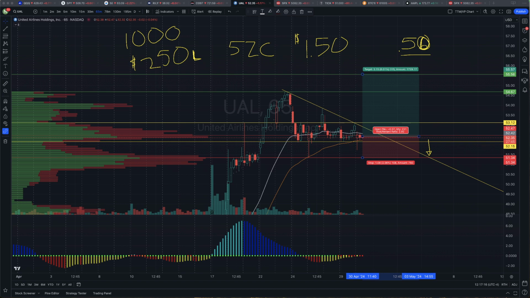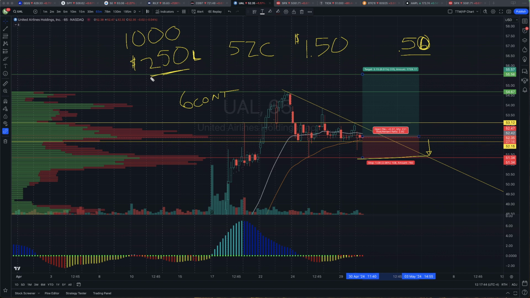So I can buy 6 contracts. Okay. If I buy 6 contracts and we go down to the stop area, we've risked $1. Right? We risked $1 and I buy 6 contracts.